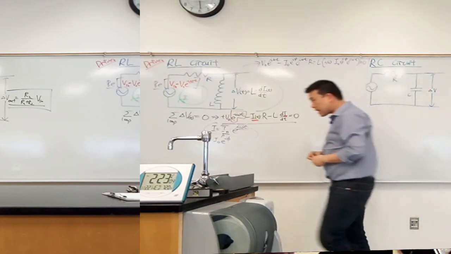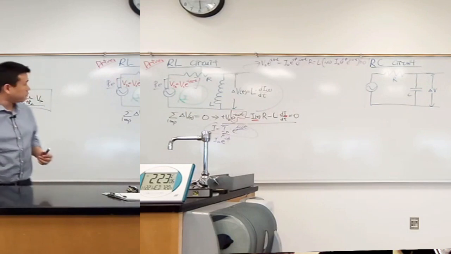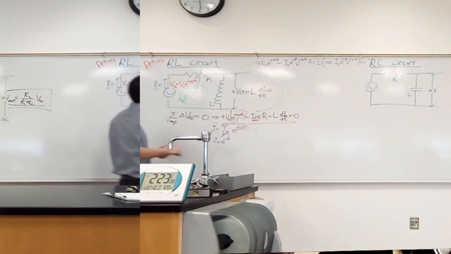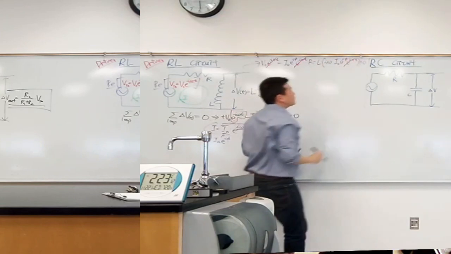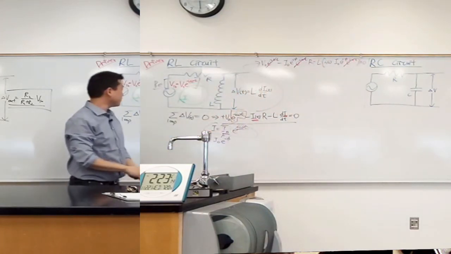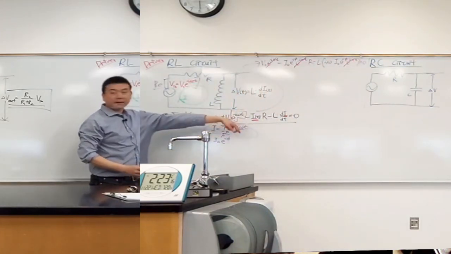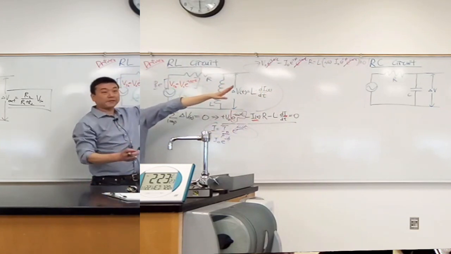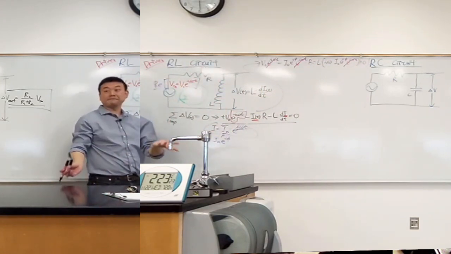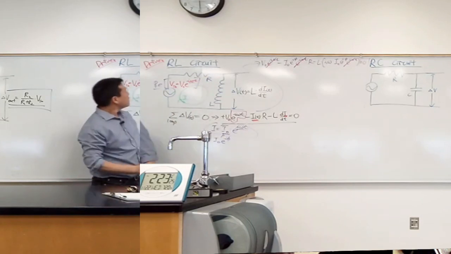Yes? Okay, let me cancel out a few things that cancel out right from the get-go. E to the I omega t cancels out. It's in every single term. In fact, if you are making a mathematical argument, that's what you would do. You would start out with omega prime, and then you would say, well, the only way that this adds up to 0 for every value of t is if omega prime is equal to omega. All right.